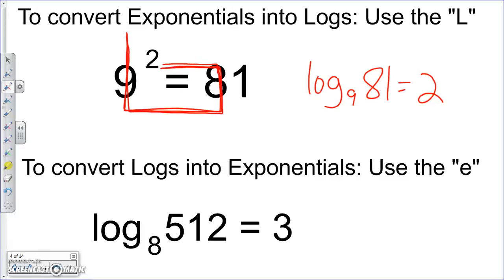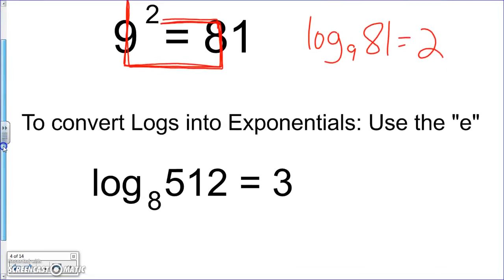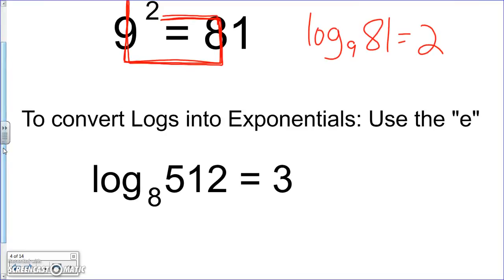I can do this same trick looking at a log going back to an exponent. I'm going to make a big E. So right now I have log base 8 of 512 is going to be equal to 3. Well, I need to make that into an exponential. So I'm going to take my E. We're going to start with the 8, start with my base, okay? We always start with the base. The base is always first.